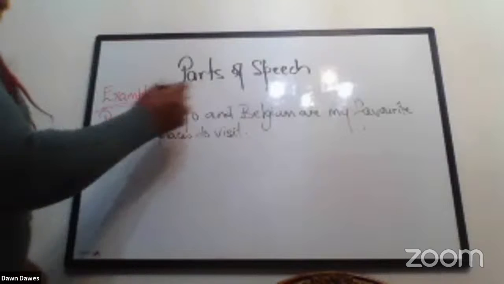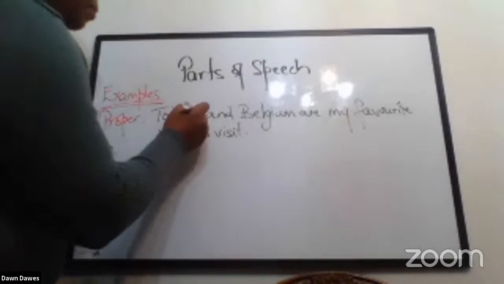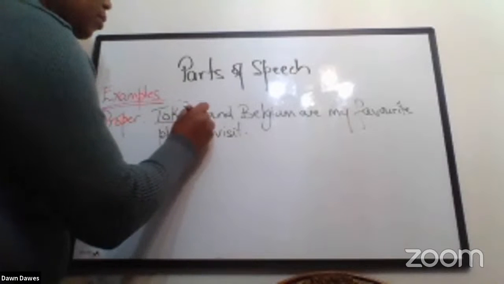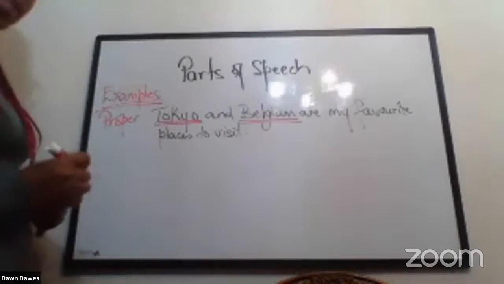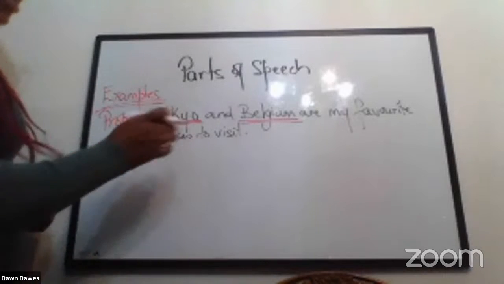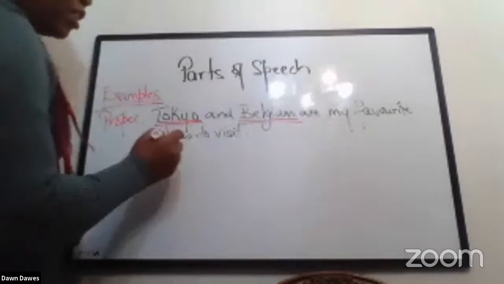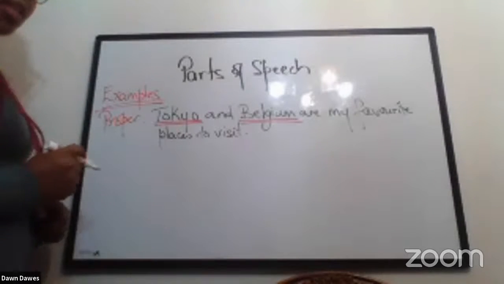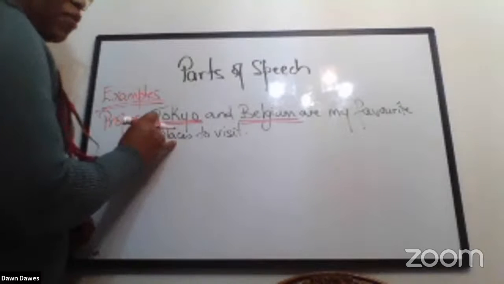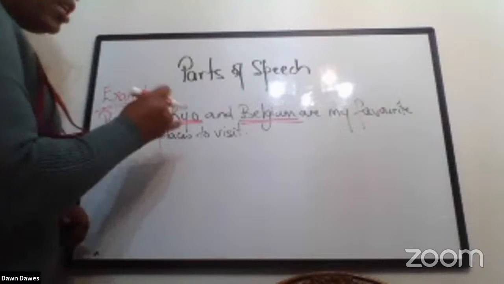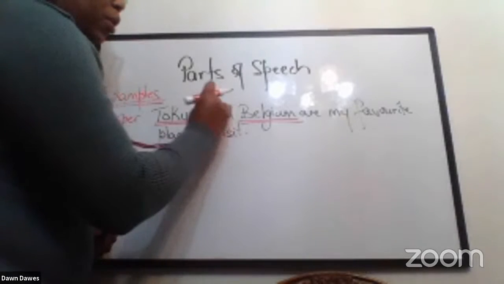Okay, Tokyo and Belgium are my favorite places to visit. Tokyo, Belgium are specific names of places because the sentence gives it away. Are my favorite places to visit. So the fact that it says these are my favorite places to visit, then we know specifically that this is a proper noun, proper noun.